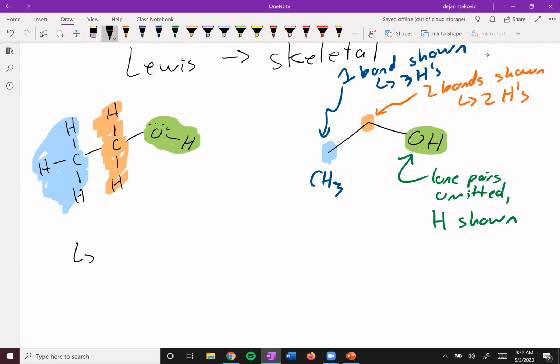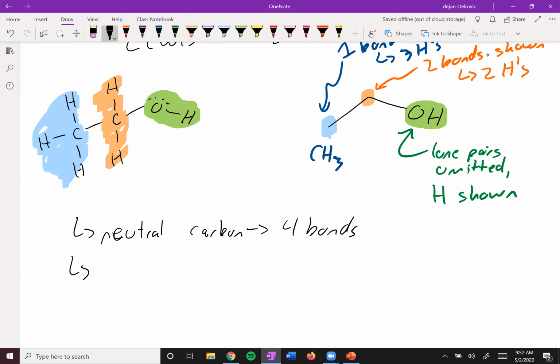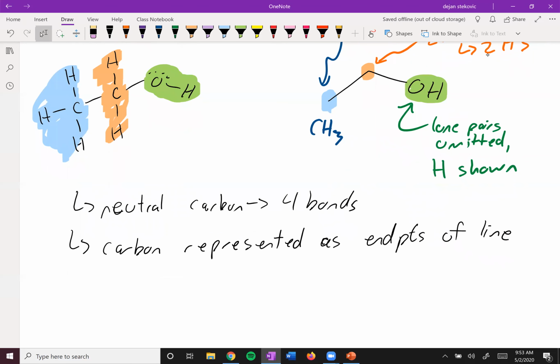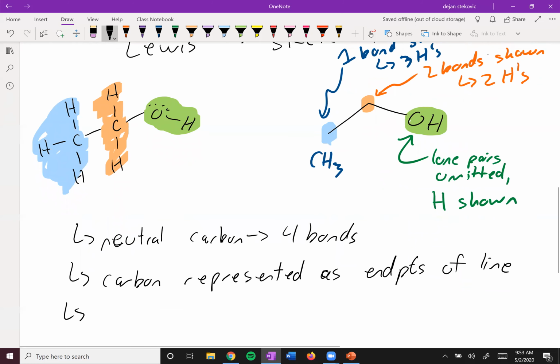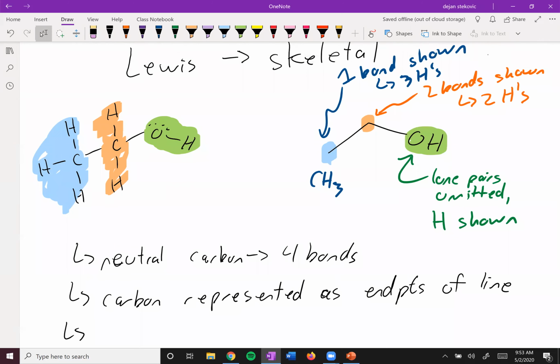So just some kind of tips here. Neutral carbon has 4 bonds. And so these carbons are represented as endpoints of a line. Any hydrogens attached to carbons are not drawn.